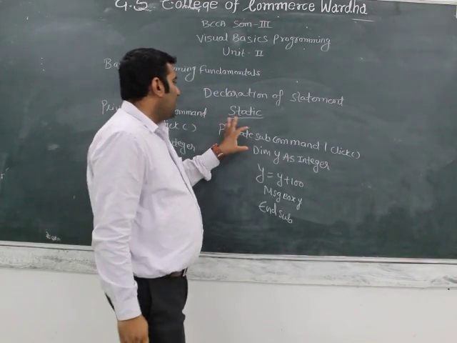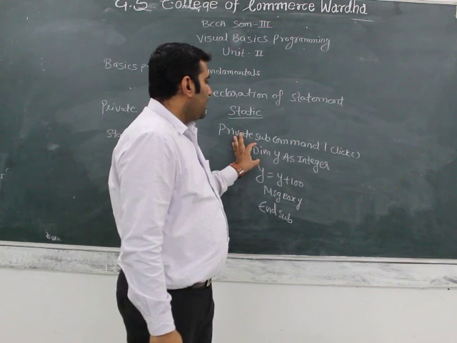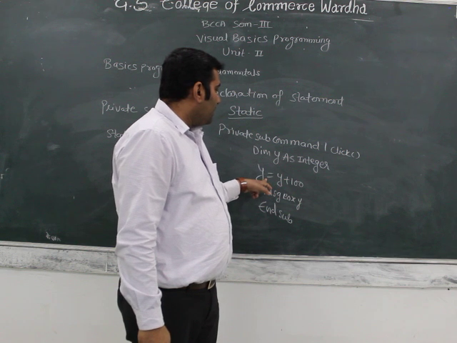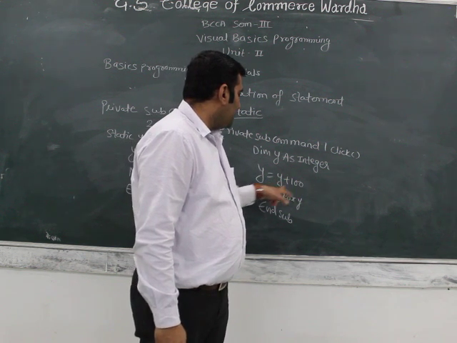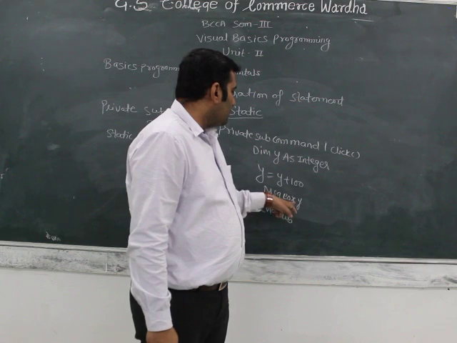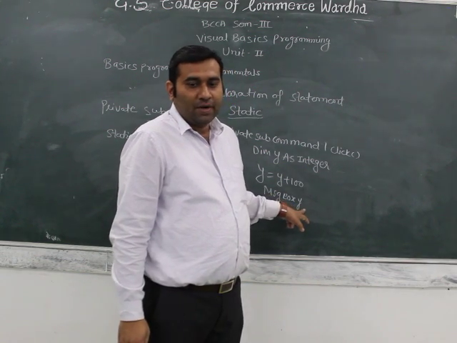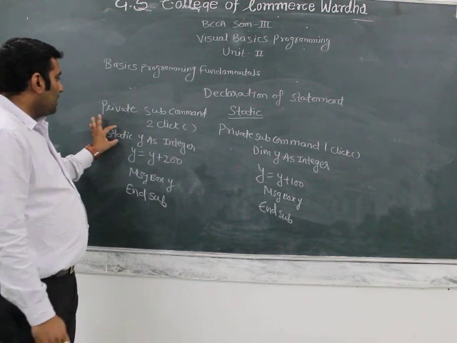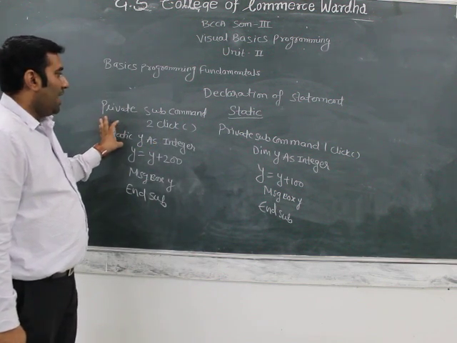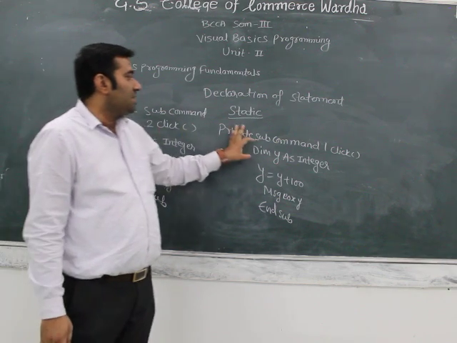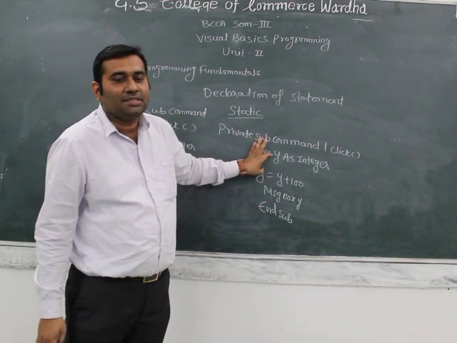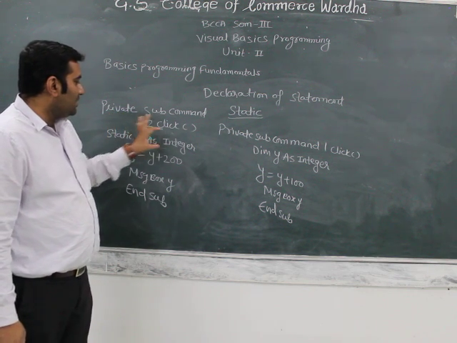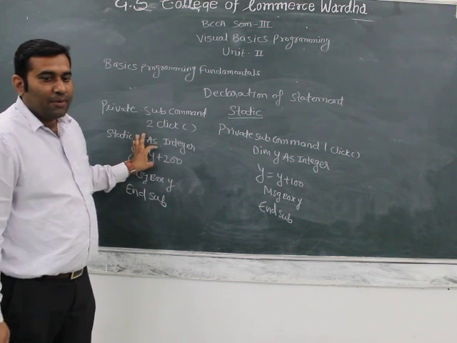Here you declare the private sub command 1 click event, dim y is a variable declared as integer, y equal to y plus 100. Then the message box shows the value of y. Here a variable is declared as static, whereas before it was declared as dim: static y as integer, y equal to y plus 200.